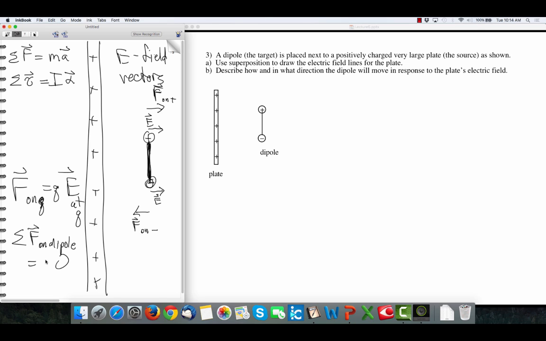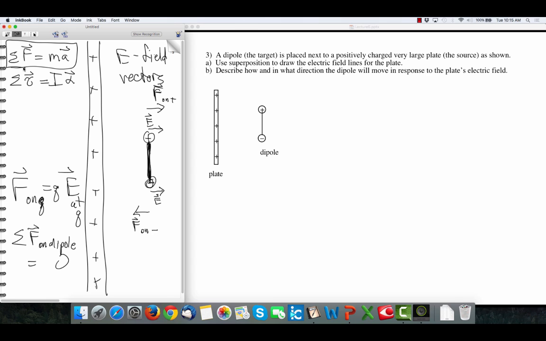No net force, so no acceleration. So if you place that dipole there, it won't accelerate right or left or up or down. It'll just sit there. The sum of the forces tells you about translational motion.